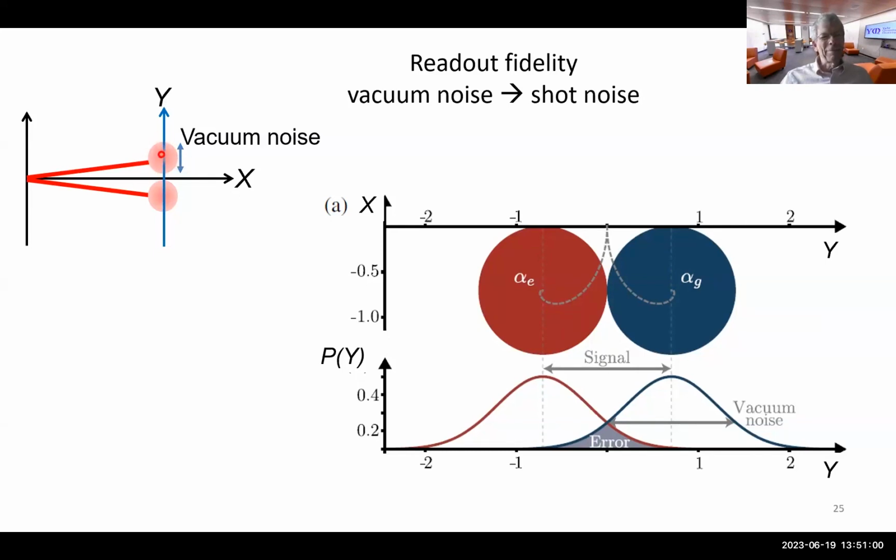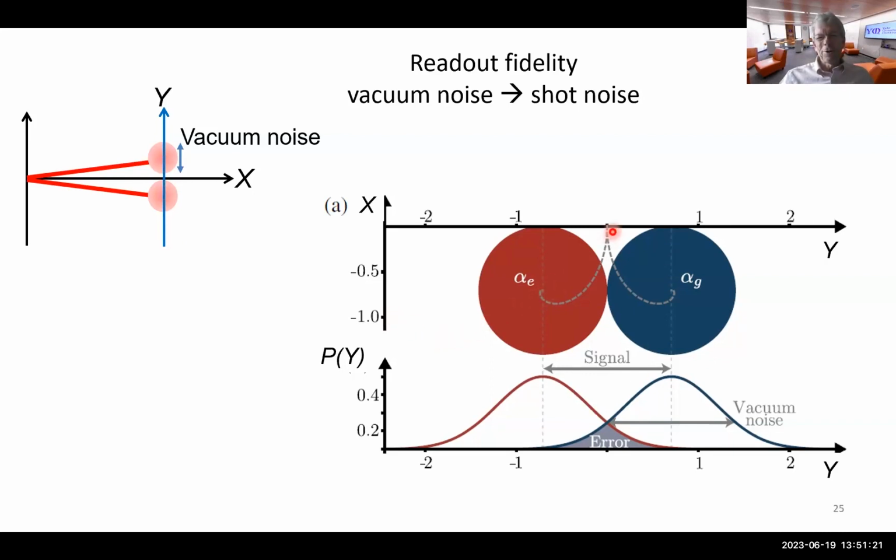You can't be completely sure. There's a fuzzy blob here of area Planck's constant. And so that vacuum noise leads to some uncertainty in your measurement, and you have to get these blobs separated enough that you can distinguish them.